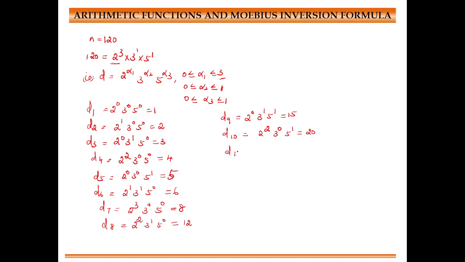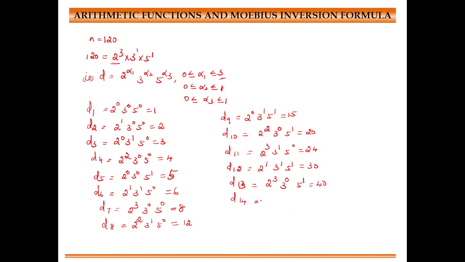D11 is 2 power 3, 3 to the power 1, 5 to the power 0, which is 24. D12 is equal to 2 to the power 1, 3 to the power 1, 5 to the power 1, that is 30. D13 is equal to 2 cube, 3 power 0, 5 to the power 1, which is 40.